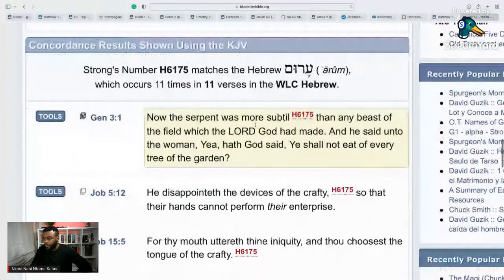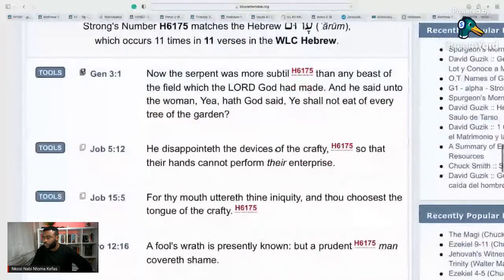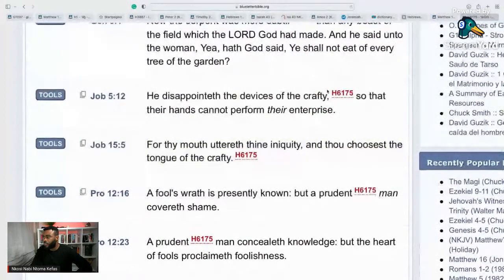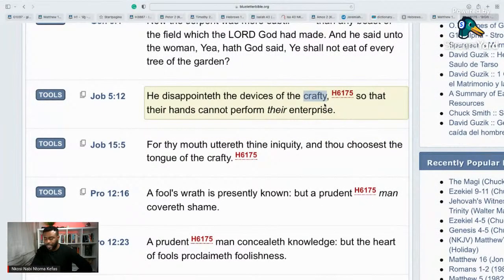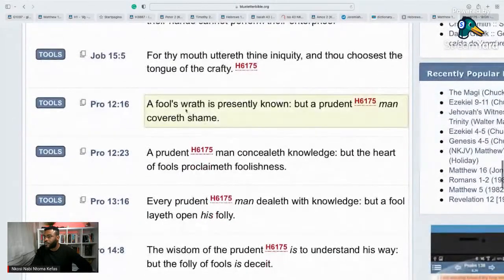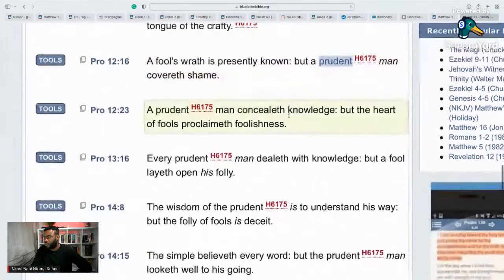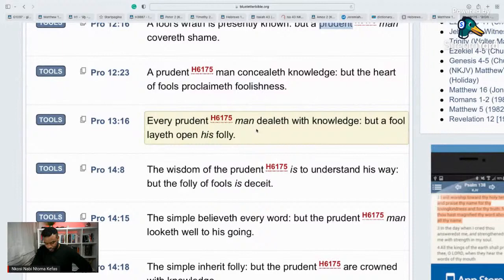Yes, now look, these are all the biblical verses with that same word, which is translated in Genesis 3:1 with subtle. Here it's translated as crafty. A fool's wrath is presently known, but a prudent man. You see that? So it's good to be prudent. It's not bad.